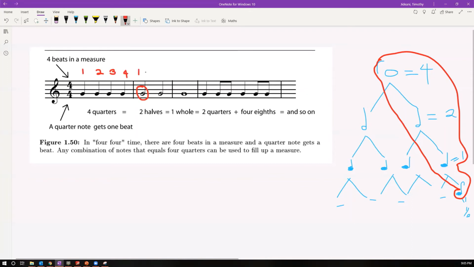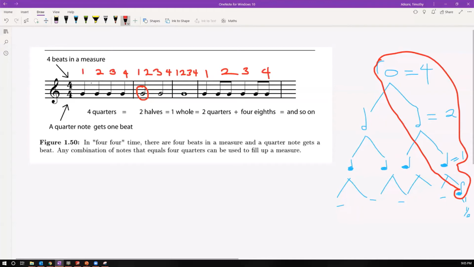Sorry, in a bar I need to have 4 beats, right? But I'm going to put, with the red, the number of beats I'm supposed to have in a bar. So 1, 2, 3, 4, and then 1, 2, 3, 4, and then 1, 2, 3, and then 4.